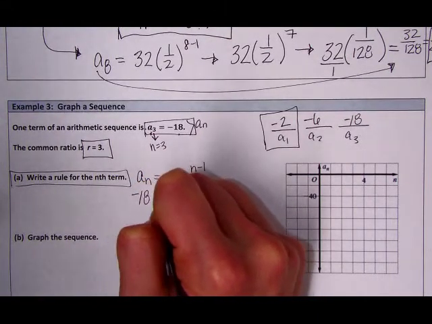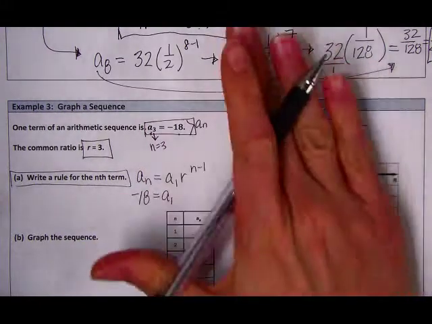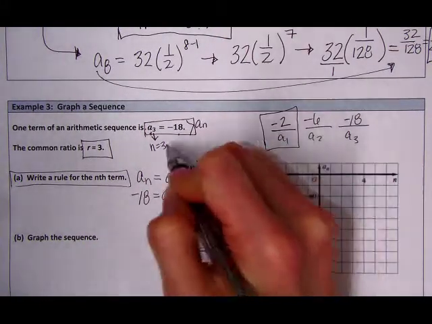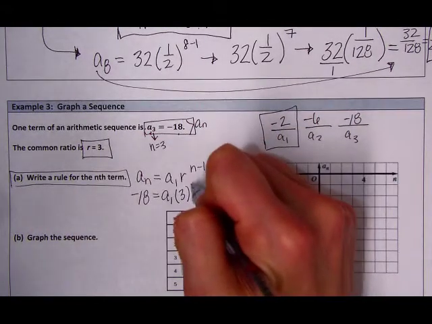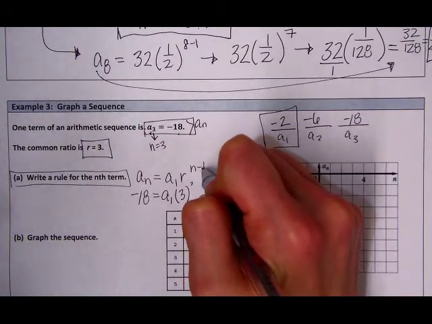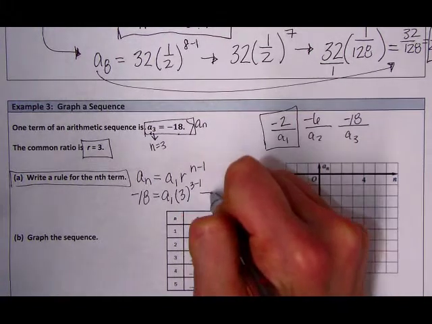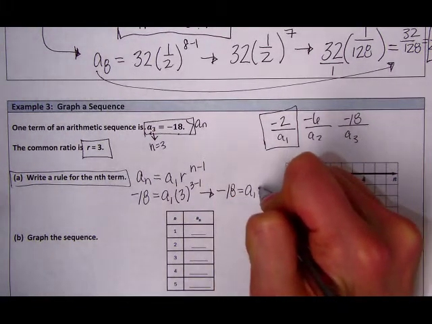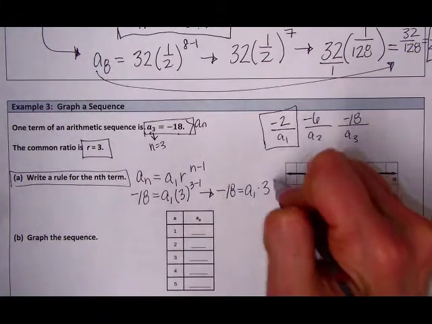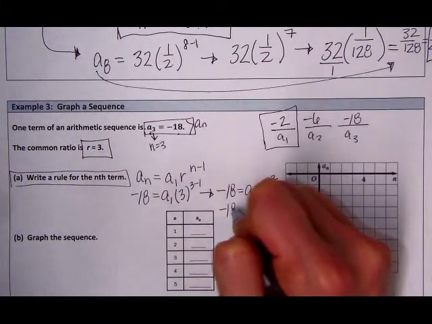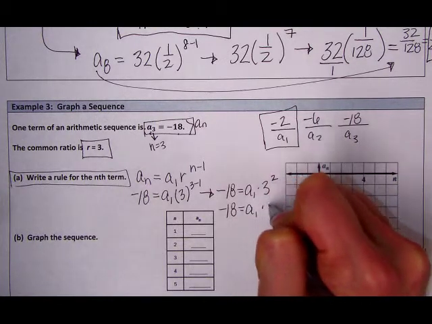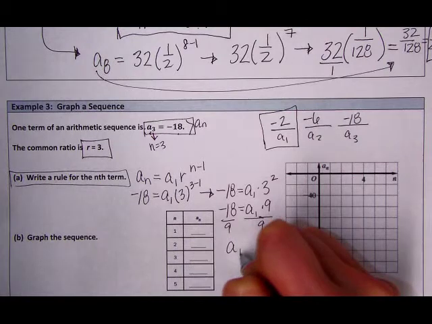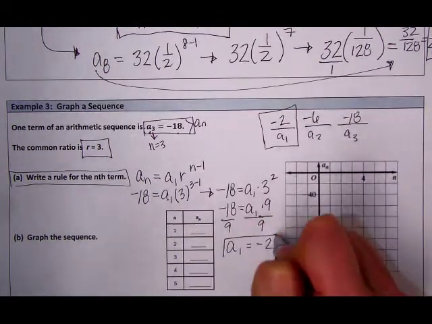Negative 18 is equal to my first term, which I don't know yet if I pretend I didn't find it over here, times r, which is 3, to the 3 minus 1. If I break this down, I get negative 18 is equal to my first term times 3 to the 3 minus 1, which is 2. 3 squared is 9. To find a sub 1, I divide both sides by 9, so I still get a sub 1 is equal to negative 2.